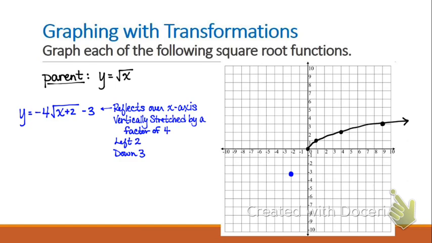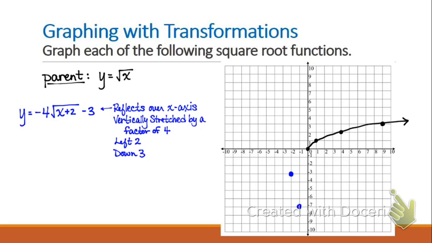After that, my other points, now I care about that a value, that negative 4. So the negative is going to reflect it over the x-axis, and then it's going to multiply my vertical distance away from that vertex by 4. So instead of just being 1 unit away vertically, it is going to go 4 units away vertically.